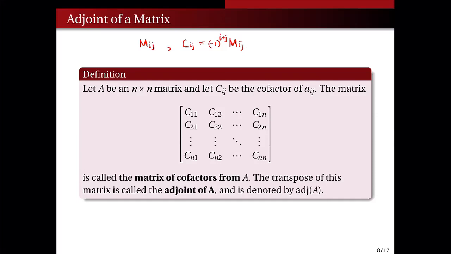In some other references, you might see this matrix called the adjugate. So the transpose of the cofactor matrix is called the adjugate of the matrix A in other references, but for us, we will call it the adjoint of A.